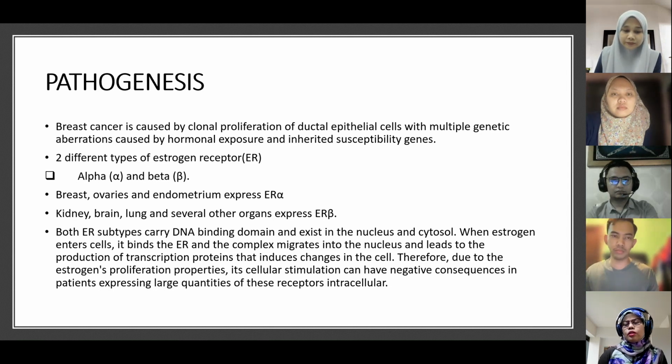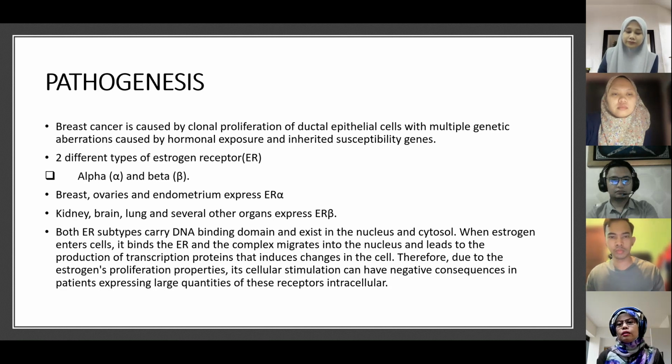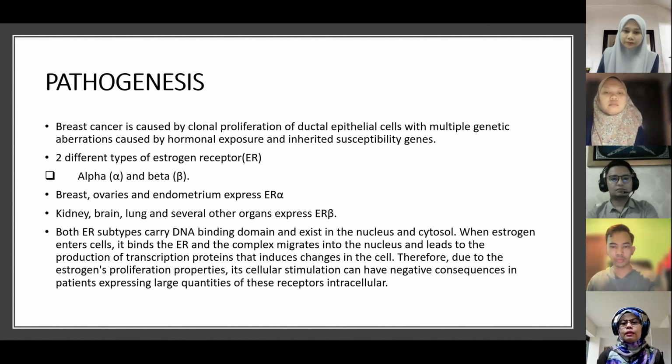Okay, breast cancer is caused by clonal proliferation of ductal cells with multiple genetic aberrations caused by hormonal exposure and inherited susceptibility genes. There are two types of estrogen receptor, which are alpha and beta.